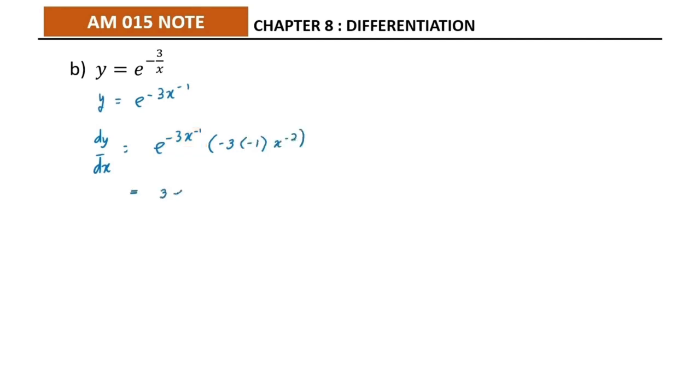Simplify: 3e power of negative 3 over x times 1 over x squared. So simplified, 3 over x squared, e power of negative 3 over x.